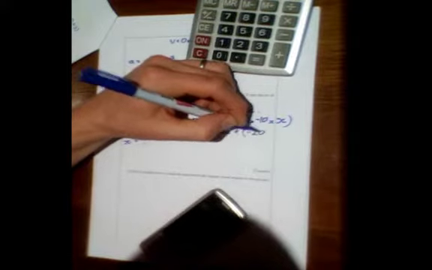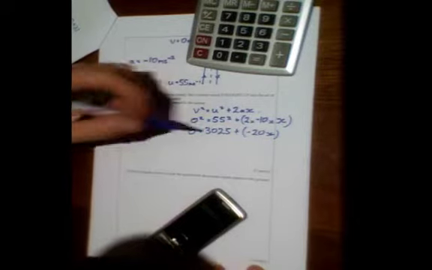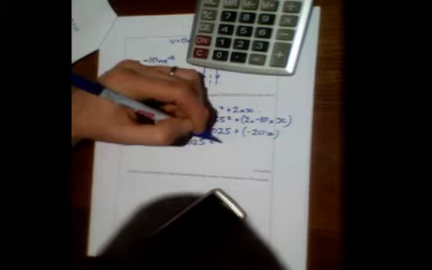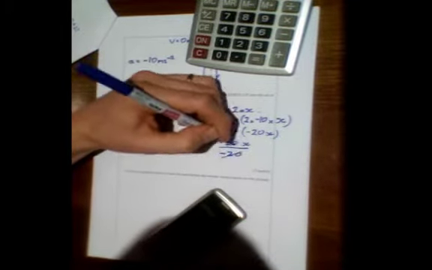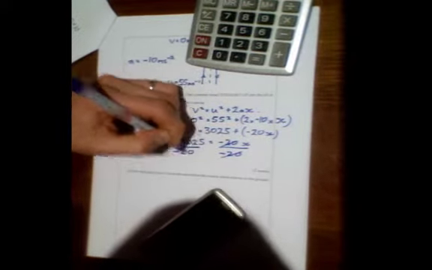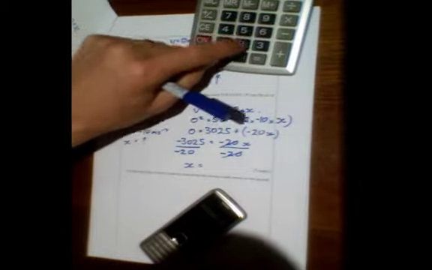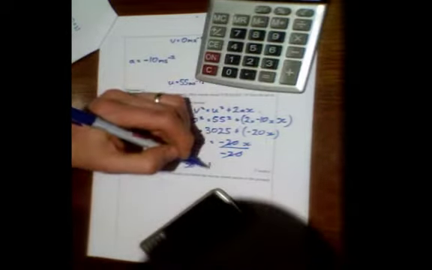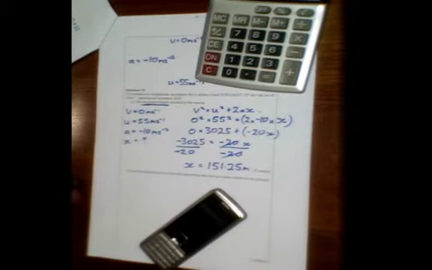So minus 20x. If we subtract 3025 from both sides, we have minus 3025 on this side equals minus 20x. Divide both sides by minus 20, and we get x by itself. So we have minus 3025 divided by minus 20 equals 151.25 metres.